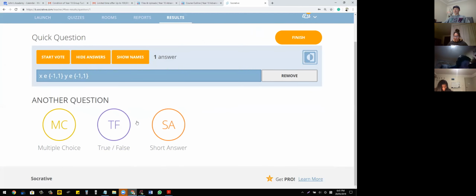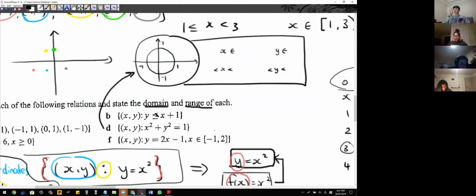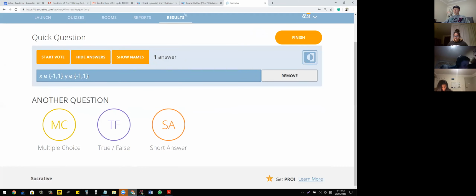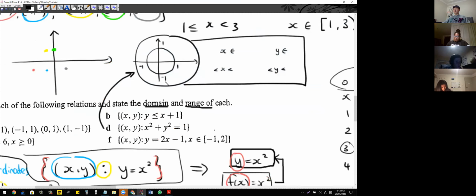So I've got one answer. I'm not sure if this is right, so you have to use either a square bracket or a round bracket. If you have a curly bracket, it means it's just that value and that value only, not anything in between, right? But very close.